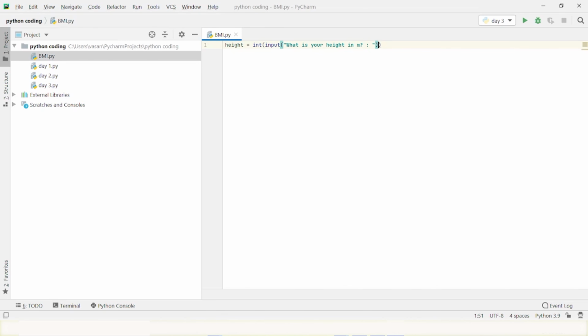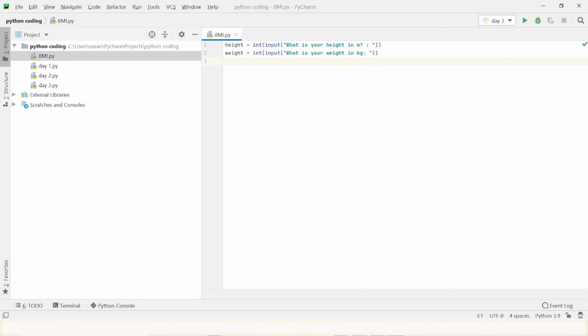And for weight, we should get input of "What is your weight in kgs?"